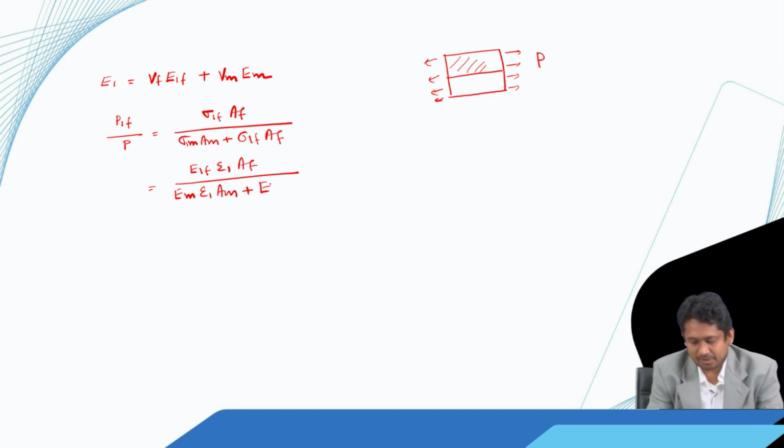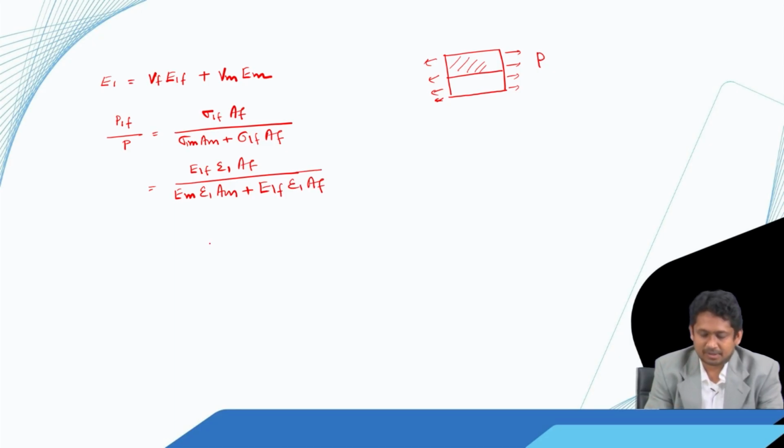We have seen that sigma 1 f is E 1 f multiplied by epsilon 1, with A f here, and this is E m multiplied by epsilon 1 with A m, plus E 1 f multiplied by epsilon 1 with A f.